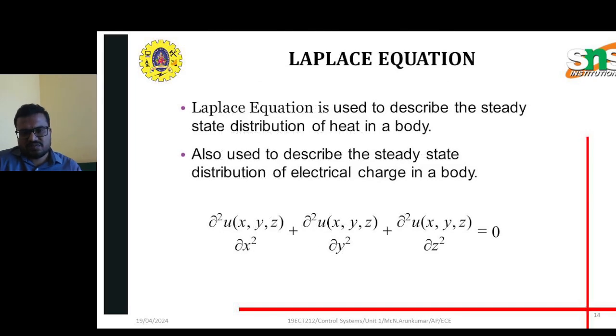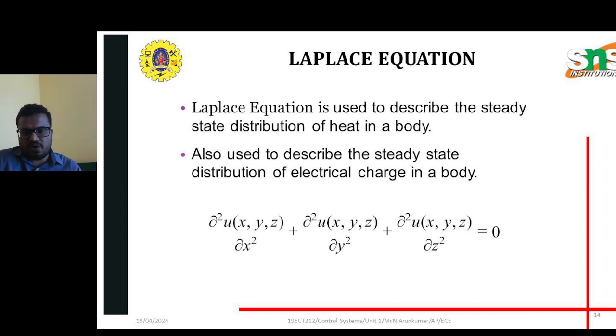Laplace equations. The Laplace equations are very useful to describe the steady state distribution of heat in a body, because steady state is a value which is used to finalize the corresponding Laplace transformations. By using this Laplace equation, we can see whether the control function has received the correct signal or not.